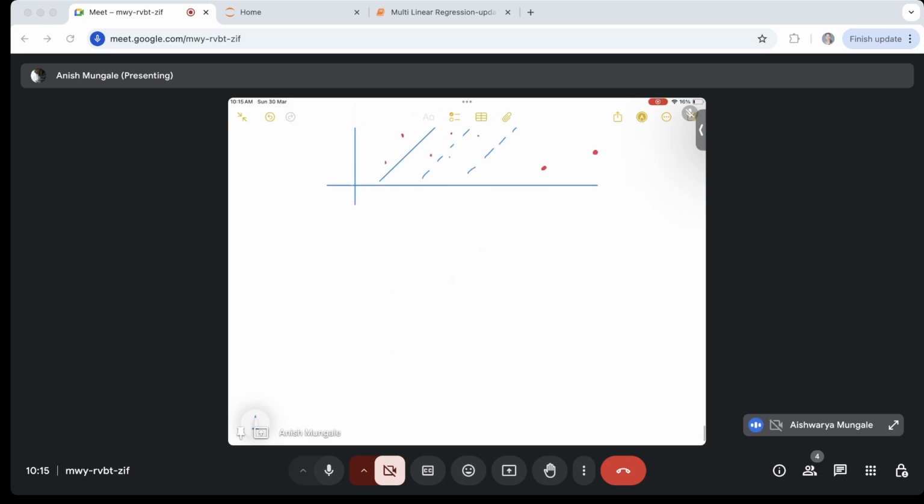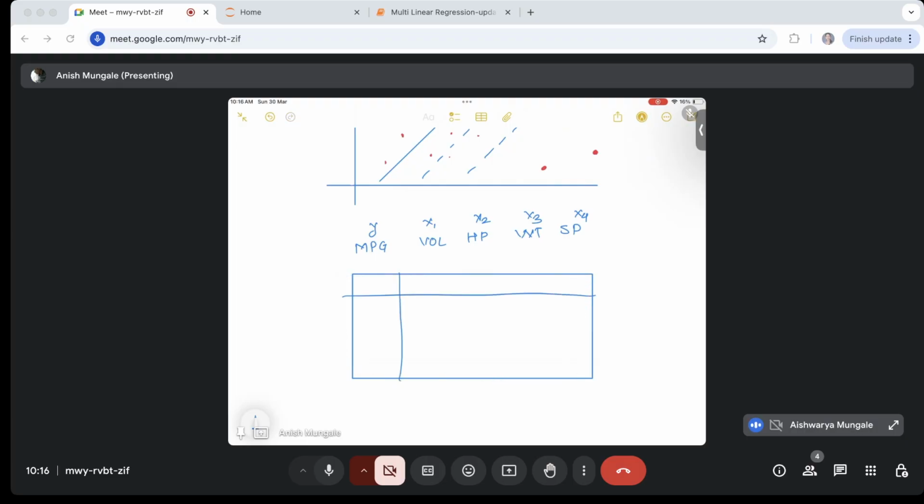So let me tell you what I mean. Let us take that example. Let's say our y is mileage, and we have volume, HP, weight, and speed. So this is our x1, this is x2, this is x3, and this is x4.